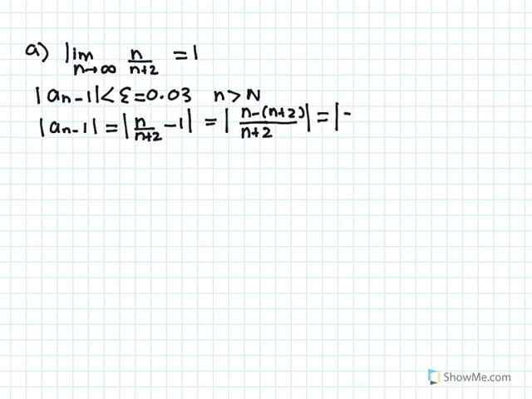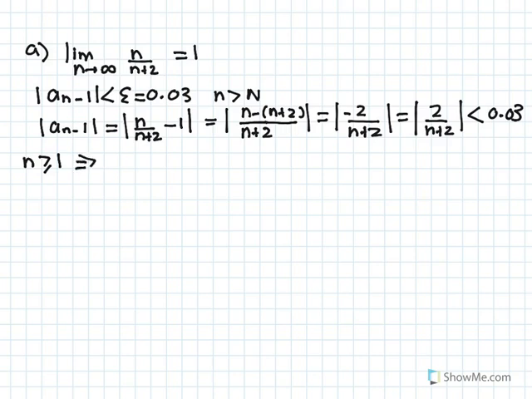We will get the absolute value of minus 2 divided by n plus 2. And since absolute value makes everything positive, we don't need a negative sign. We write this as 2 divided by n plus 2. And this is less than 0.03. Our goal is to solve for n. Now, since n is bigger than or equal to 1, we don't need the absolute value, do we?